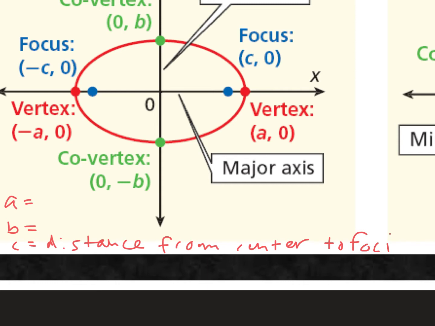A is the distance from the center to the vertex on the major axis. And B is the distance from the center to the vertex on the minor axis.